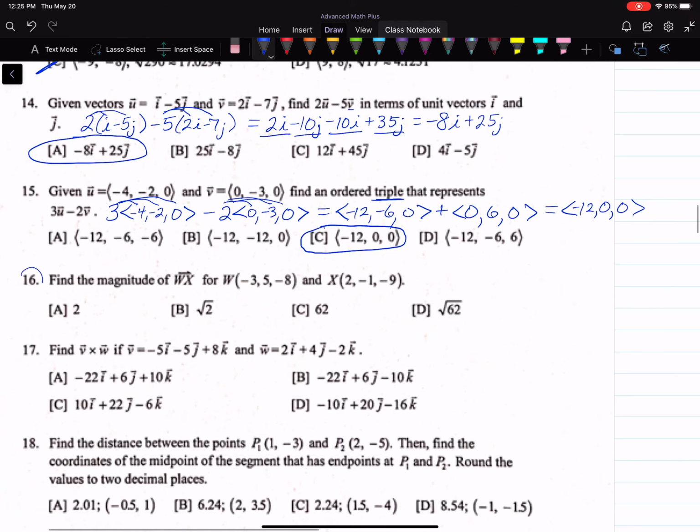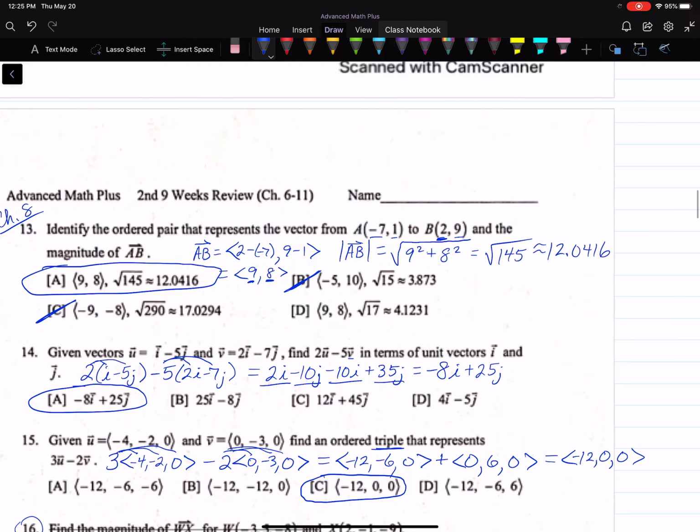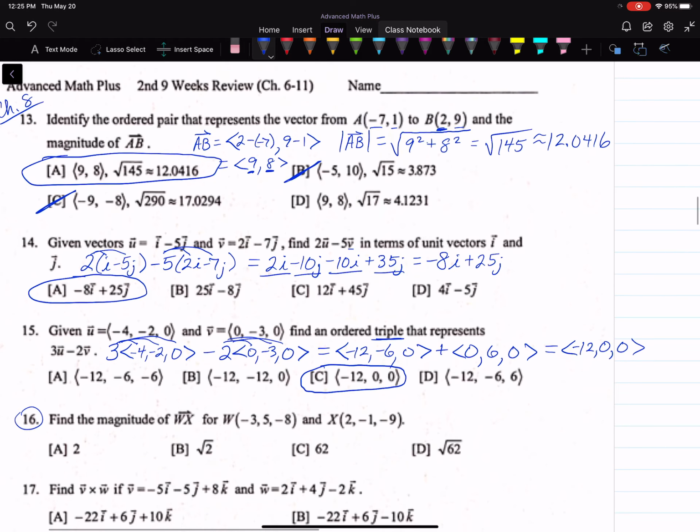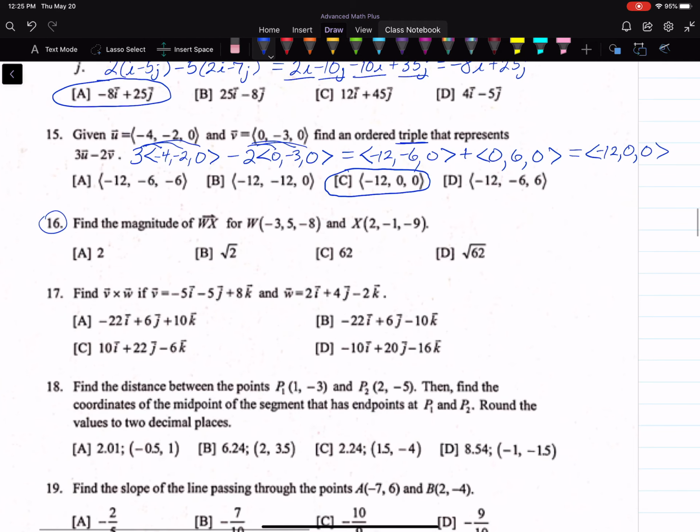16 is just like number 13, but with 3 of them. It says find the magnitude, but before we find the magnitude, we've got to find the vector first. So vector WX is going to be, again, just like we did on 13, 2 minus negative 3, and then negative 1 minus 5, and then negative 9 minus negative 8.